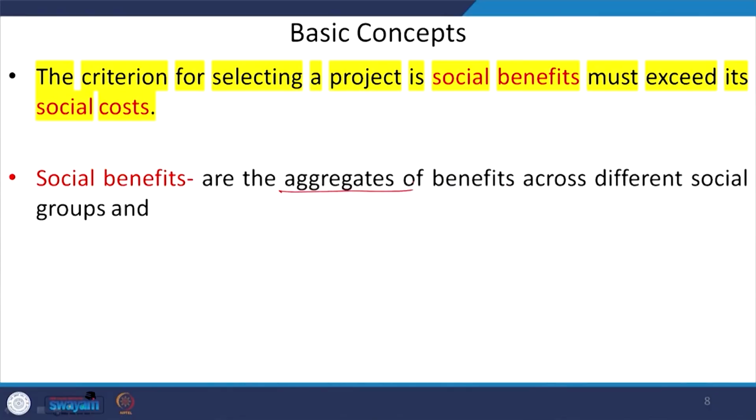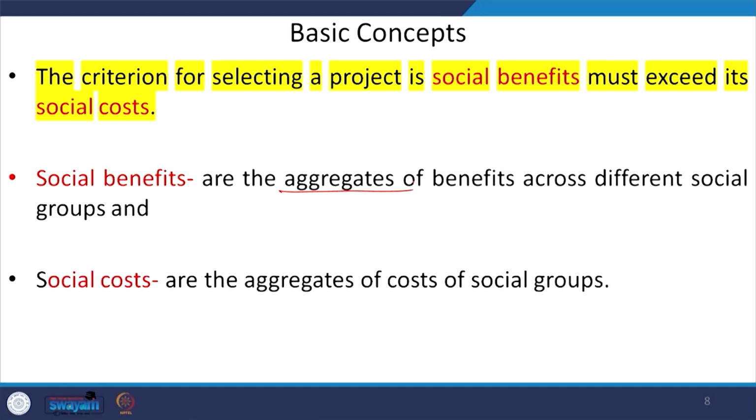If we have n number of individuals, we aggregate the benefits of the first person, second person, up to the nth person, which gives the picture of social benefit. We follow this aggregation rule for getting the social benefit, and likewise for social cost, we also take into account the aggregate cost to the society.